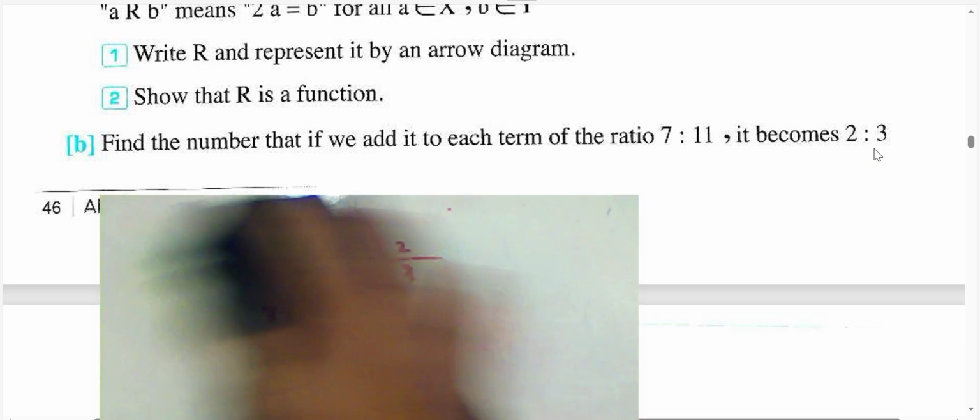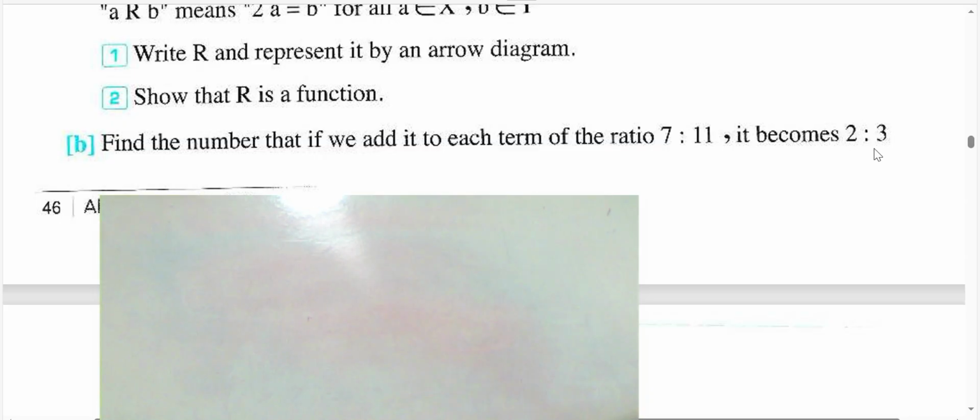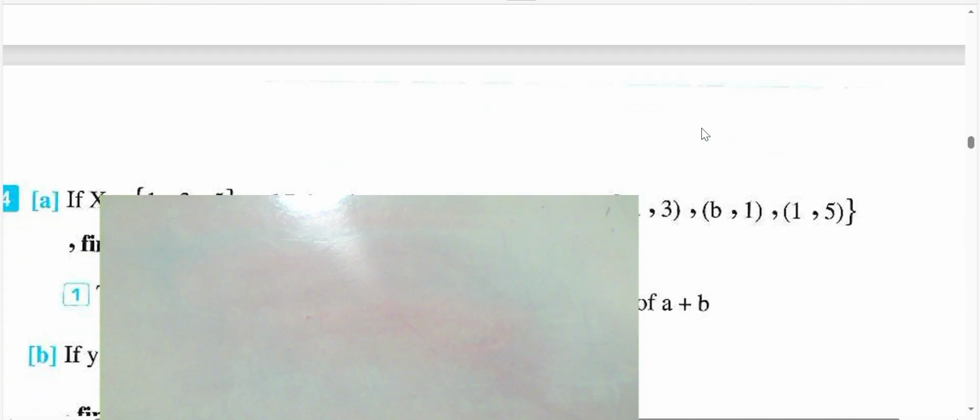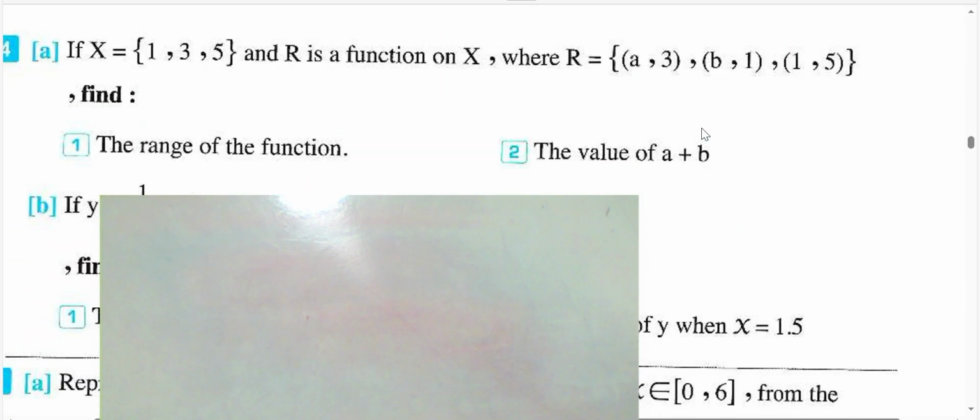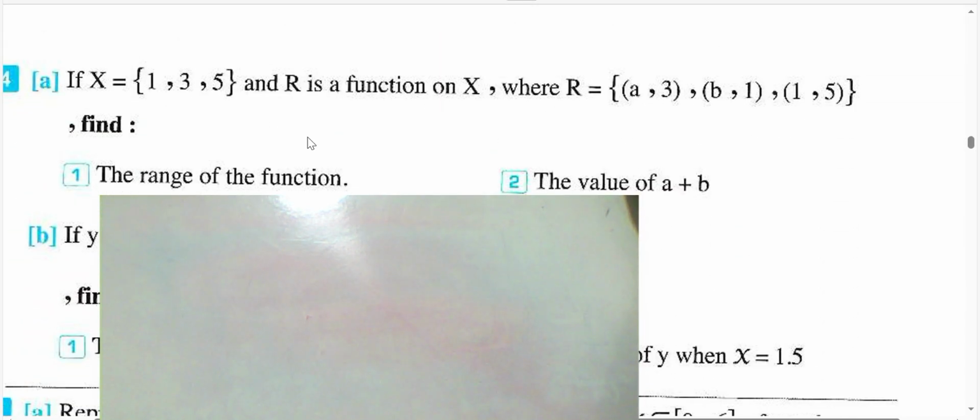Next question. Number 4. If X equals {1, 3, 5}, the relation function on X is R equals {(1, A), (3, 1), (5, B)}. Find the range of the function. You can find the range here.